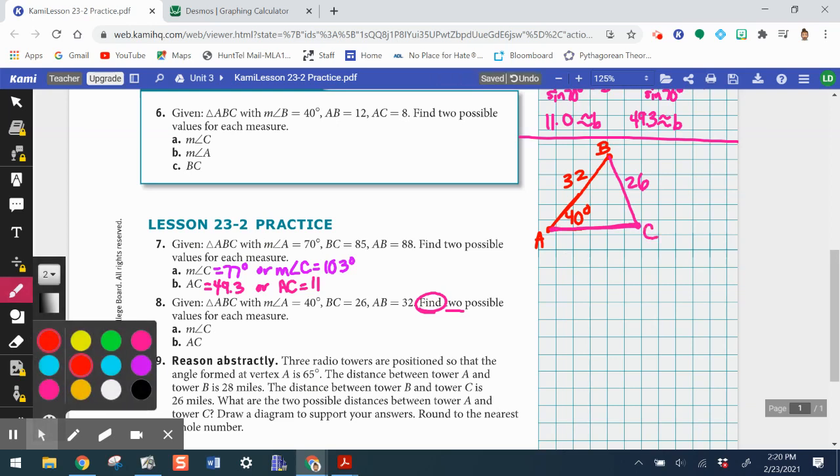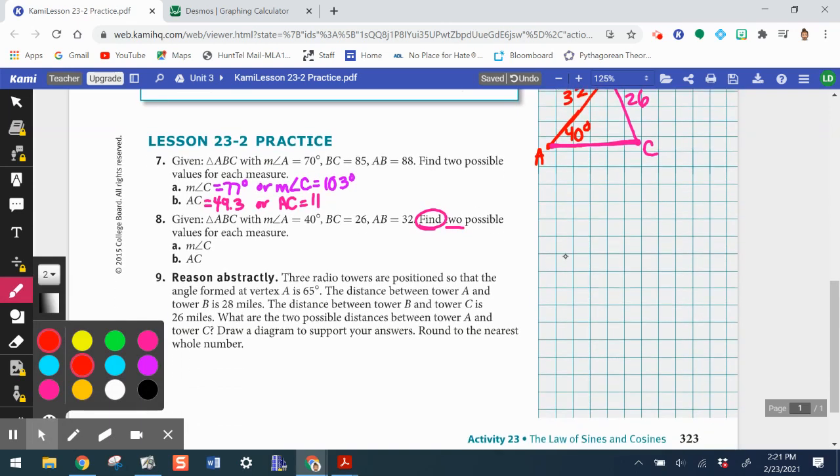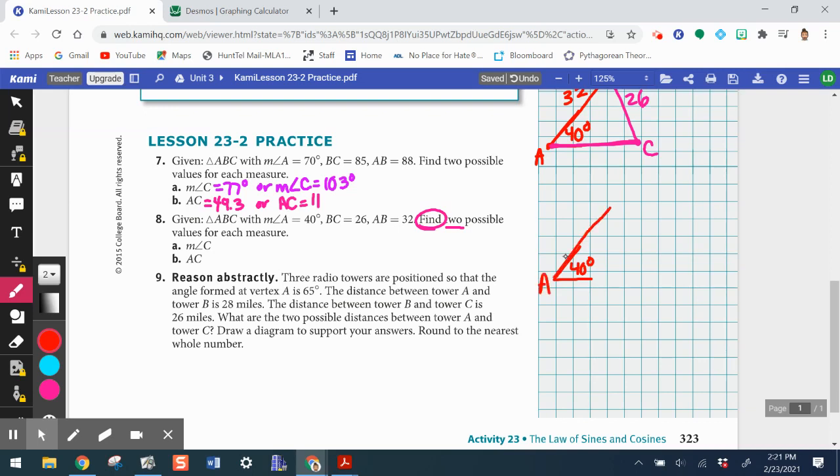Or we can draw it again, very similar, just like we did on the previous problem. Let's draw that 40-degree angle again. Same way with AB being 32. But now BC could still be 26, but instead of creating this acute triangle going at this slope, if you will, calling it that slope, we could actually do it, I wouldn't say it's the opposite slope, but it might actually be the negative reciprocal.